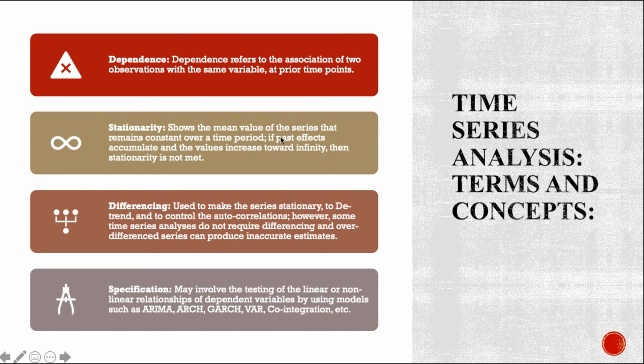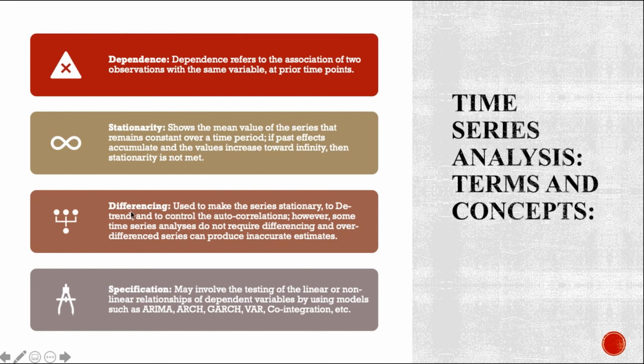If past effects accumulate and the values increase toward infinity, then stationarity is not met. So we have to do first differencing, used to make the series stationary, detrend, and control autocorrelations. However, sometimes series do not require differencing, and over-differenced series can produce inaccurate estimates.